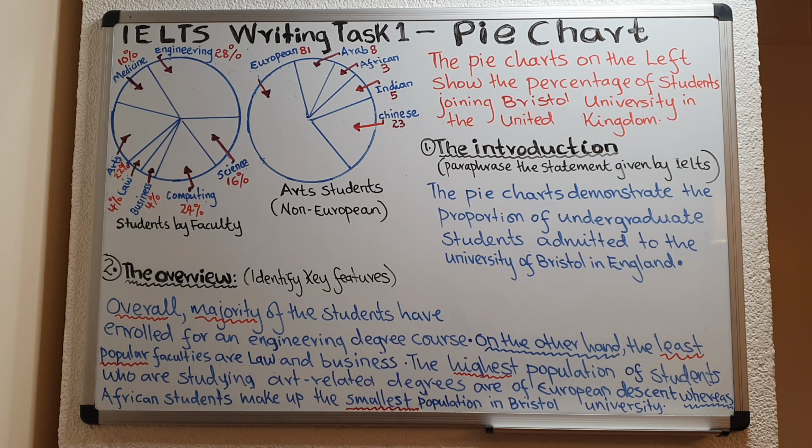In my case, I have used on the other hand and I have used whereas. Okay, and then remember also to use superlatives, okay? Superlatives such as the least, okay? In my case, I used the smallest, the highest, the smallest, okay? The least popular, the most popular, all right?